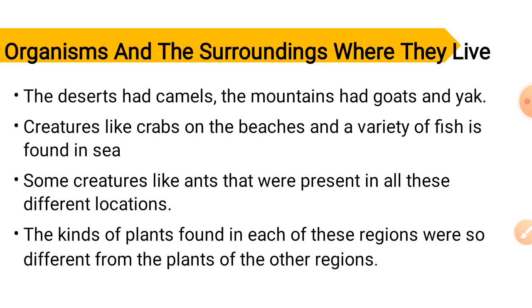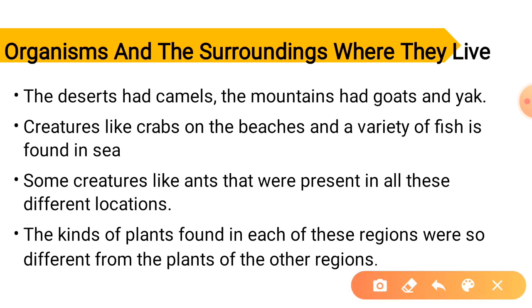The next topic here is organisms and the surrounding where they live. So the living organisms, those who have life, now we will understand where they live. Okay, let me give you a simple explanation for it. Students, the desert has camel, mountain has goat and yak.